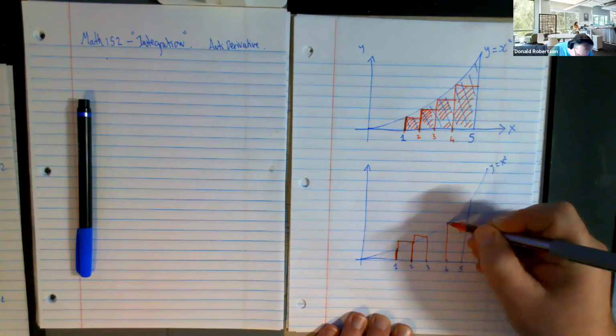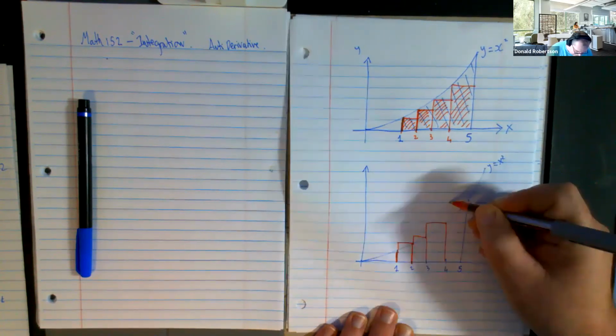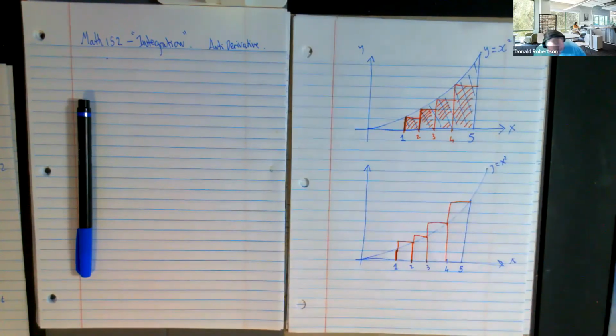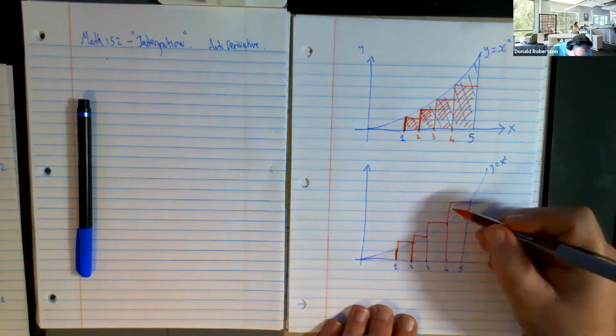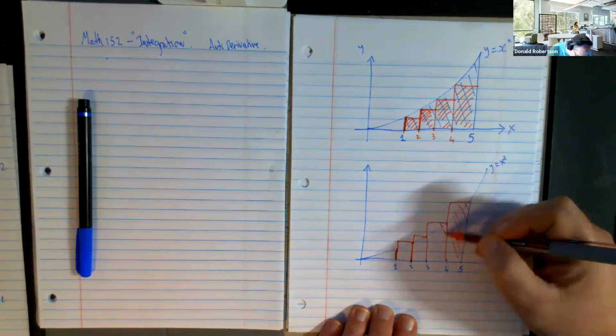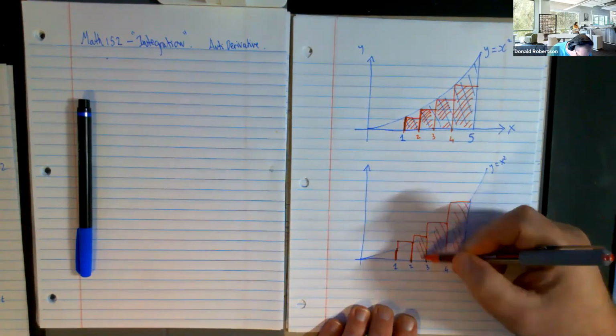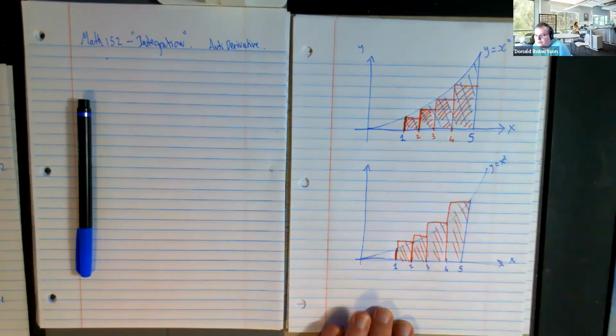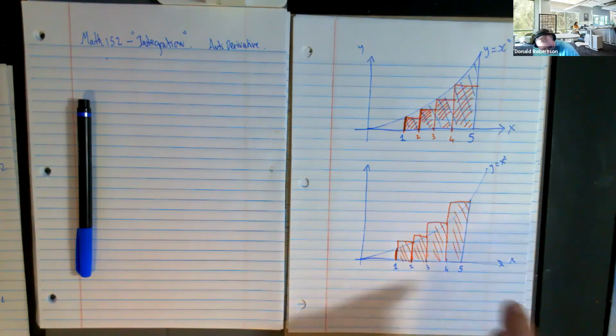And when I use the right-hand side, I get those guys, and those guys, those 4 rectangles. Won't they also be an estimate for the area under this curve? Now, the difference is, aren't these bigger than the real area? So we would say that would be an overestimate.